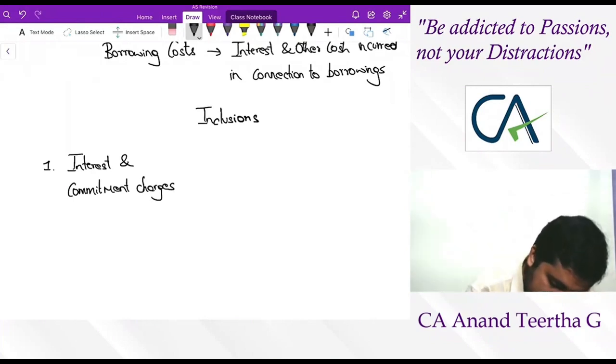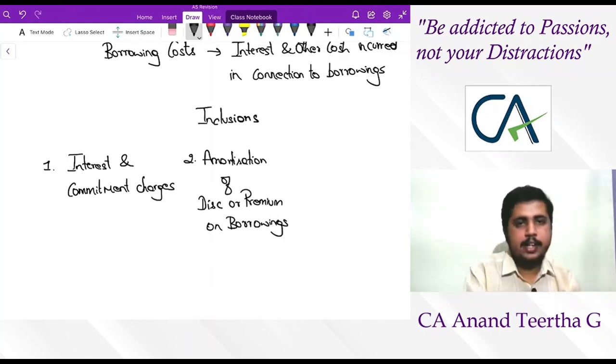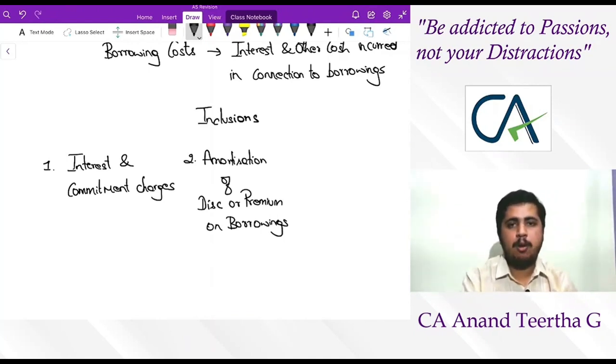Then second one, amortization of discount or premium on borrowings.